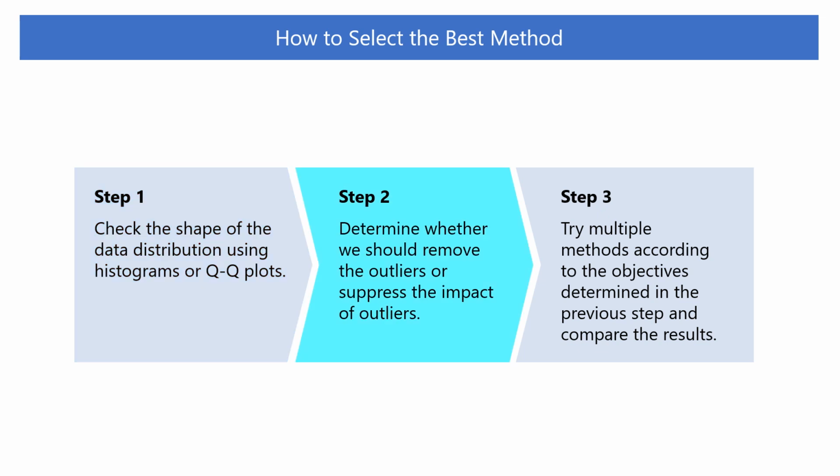Second, determine whether we should remove the outliers or suppress the impact of outliers. Then, try multiple methods according to the objectives determined in the previous step and compare the results. Based on the results, we can determine the best method.